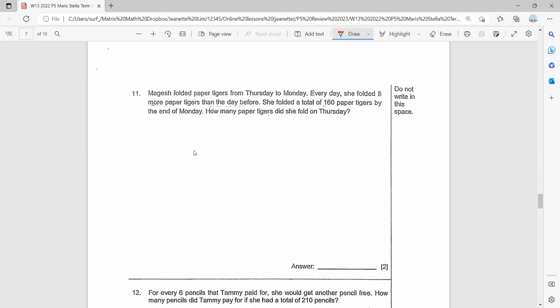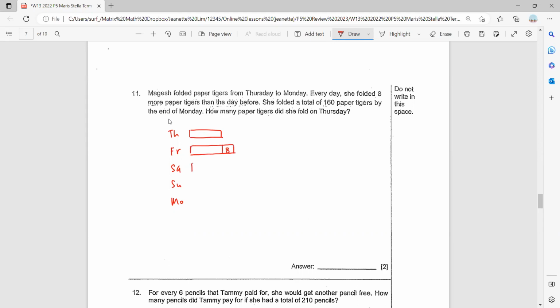So first, she started from Thursday to Monday. Thursday, Friday, Saturday, Sunday, Monday. Okay. So on Thursday, we don't know. So this is the amount that she folded. Then every day she folded 8 more, right? So on Friday, you have to add 8.